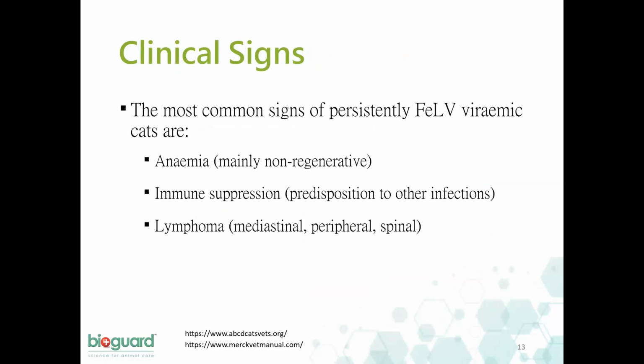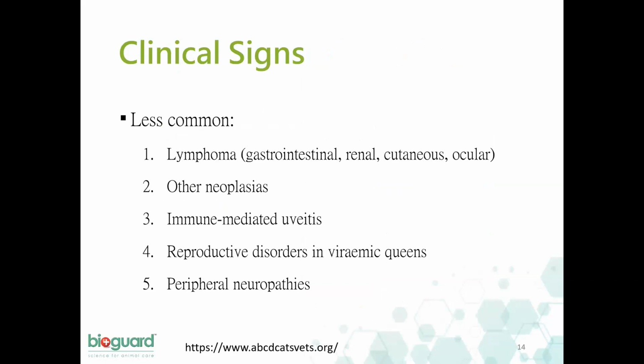Other symptoms are lethargy, fever, pallor, stomatitis. Less common are lymphoma in gastrointestinal, renal, cutaneous and ocular forms, other neoplasias, immune-mediated uveitis, reproductive disorders in viremic queens, and also peripheral neuropathies.